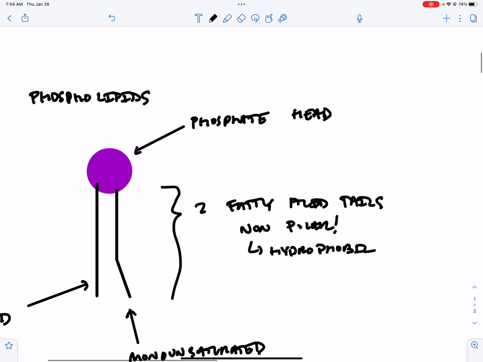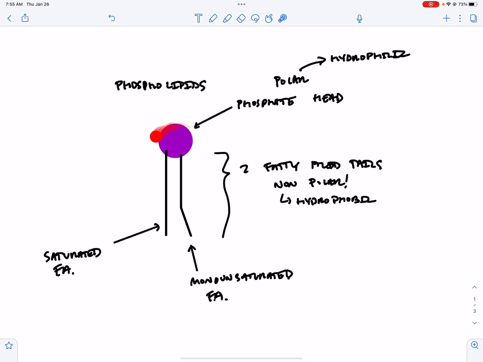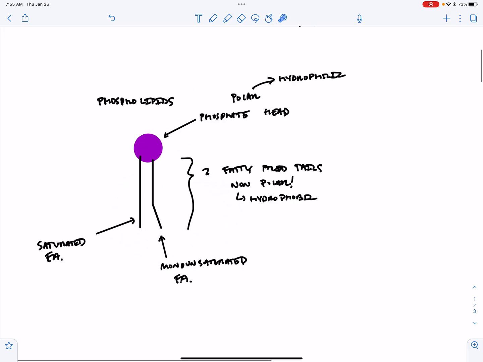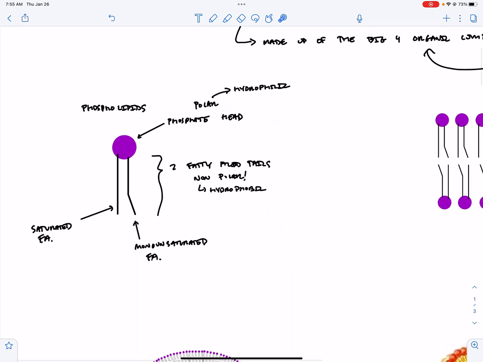And this phosphate head is actually quite polar, which makes it hydrophilic. So this organic compound has a polar region and a non-polar region. So not all lipids are entirely hydrophobic, and the phospholipid is a perfect example of that.